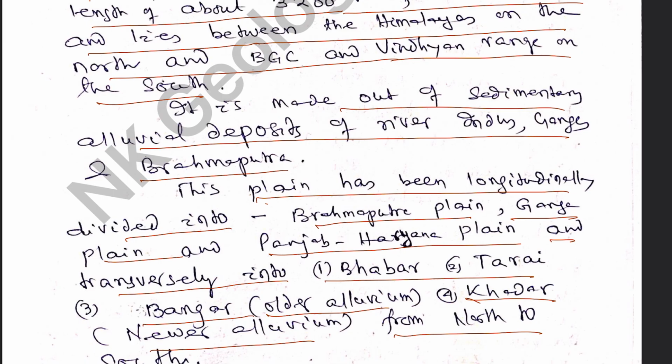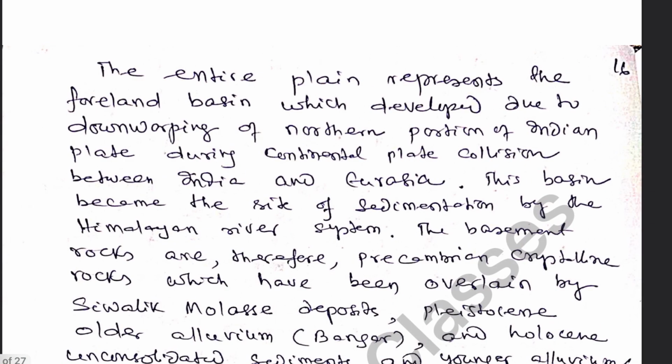The Brahmaputra plain, Ganga plain and Punjab Haryana plain run from east to west, while Bhabar, Tarai, Bhangar and Khadar are the portions of this plain from north to south.